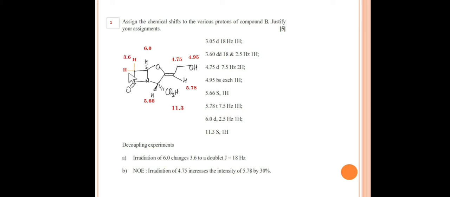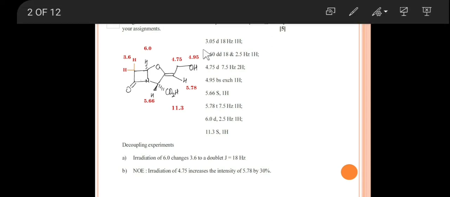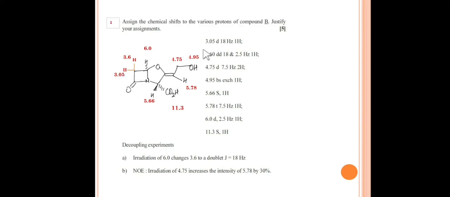So I will assign 3.60 to this proton. Now this proton will couple only with this proton in the geminal coupling. That means it will show 18 Hertz coupling, and the chemical shift is 3.05 of 1H. Now we can assign 3.05 to this proton.